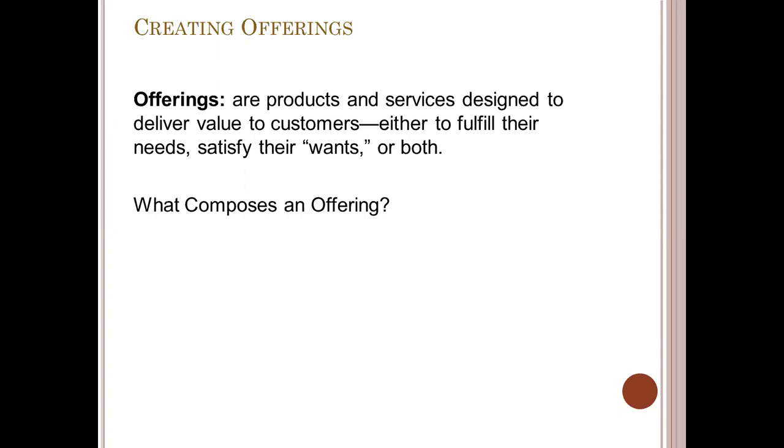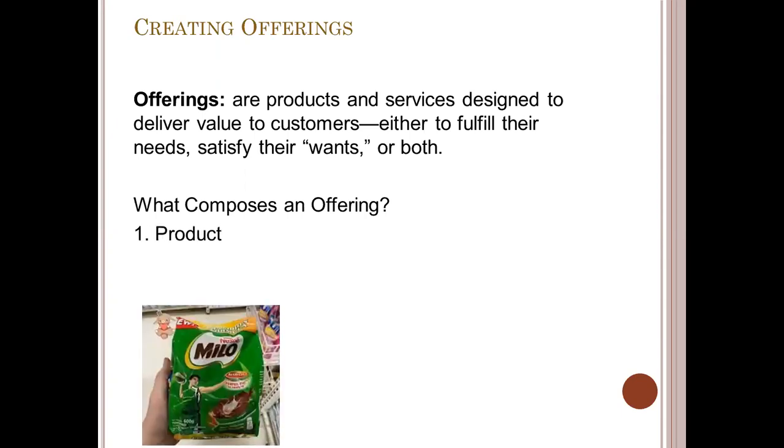What composes an offering? It is the product, and the product is a tangible good people can buy, sell, and own. Purchasing a cell phone, for example, will allow you to store hundreds of photos, and the amount of storage that we have is an example of a feature or characteristic of the offering.